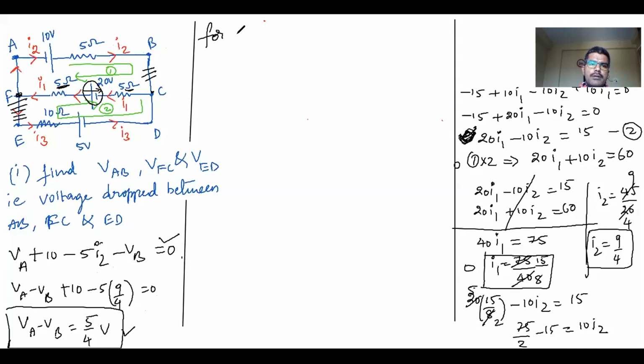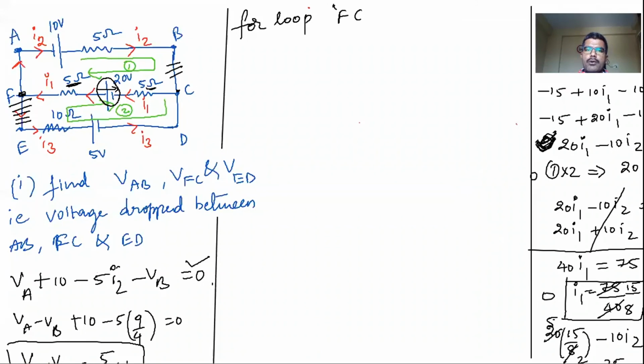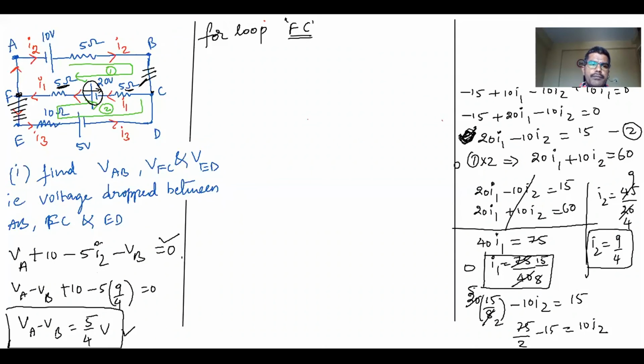Similarly, for loop FC, we are taking loop FC. Start from F, VF. You are going in the opposite direction to that of this 5 ohm resistor. It is plus 5I1 minus 20 and plus 5I1 minus VC is equal to 0. VF minus VC plus 10I1 minus 20 is equal to 0.